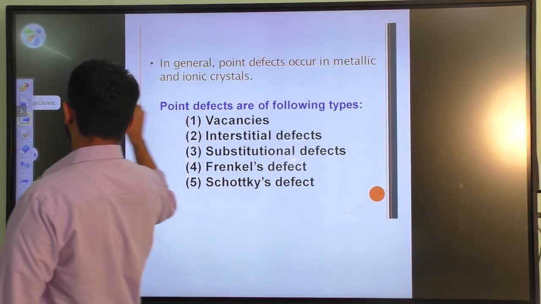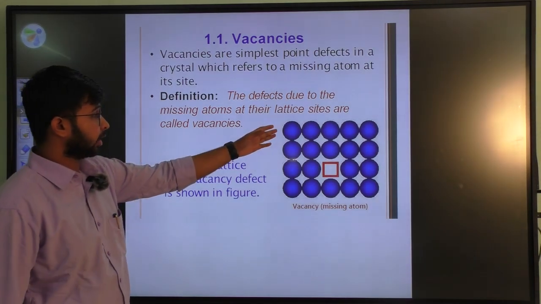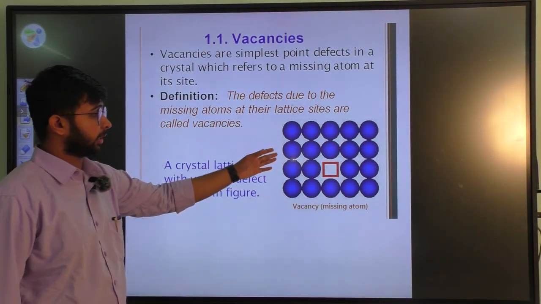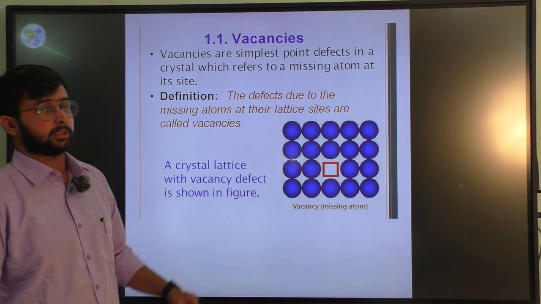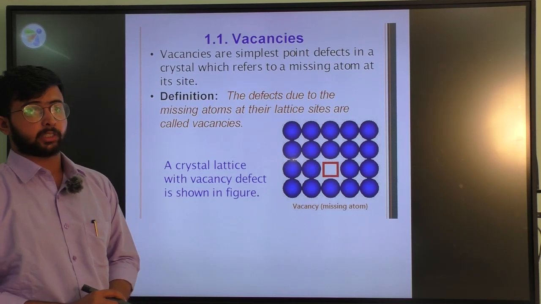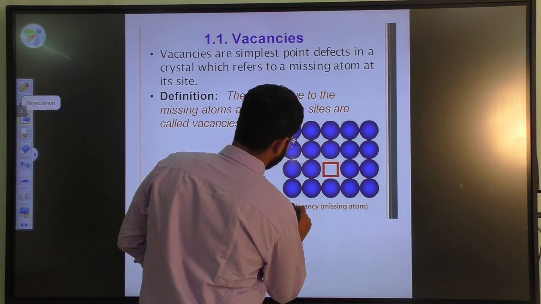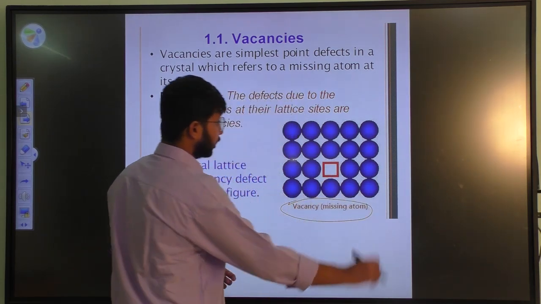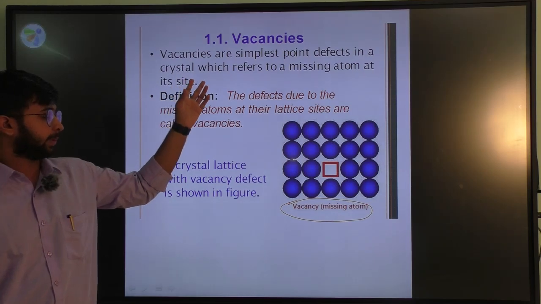When we come to vacancy defect, these are crystals, and in a crystal there is a continuous arrangement of atoms. When one atom is missing in the crystal structure, that is called a vacancy defect. That is the reason the vacancy defect arises.